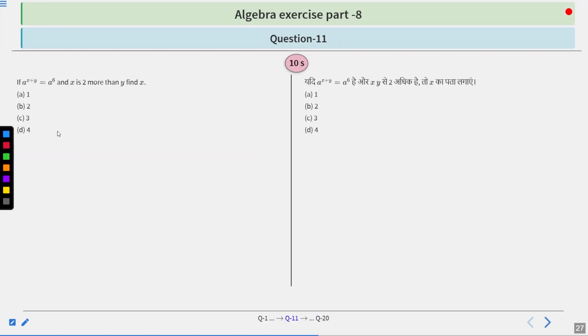Next. If a raised to power x plus y is equal to a raised to power 6 and x is 2 more than y, find x. And options are option A, 1, option B, 2, option C, 3, and option D, 4. These are the options, and I'm giving you 10 seconds to find out the correct answer.